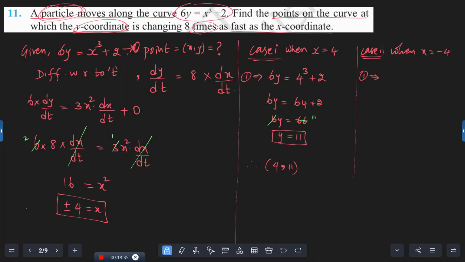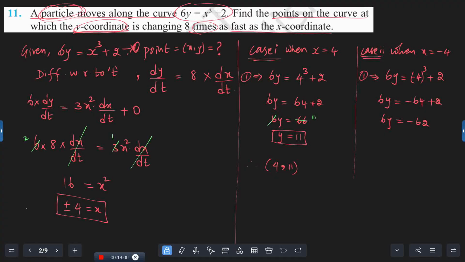Okay, now when x is negative 4. Here 6y is equal to minus 4 whole cube plus 2. Minus 4 whole cube you will get minus 64, because minus into minus is plus, and into minus again is minus. So 6y is equal to minus 64 plus 2. So 6y equals minus 62.